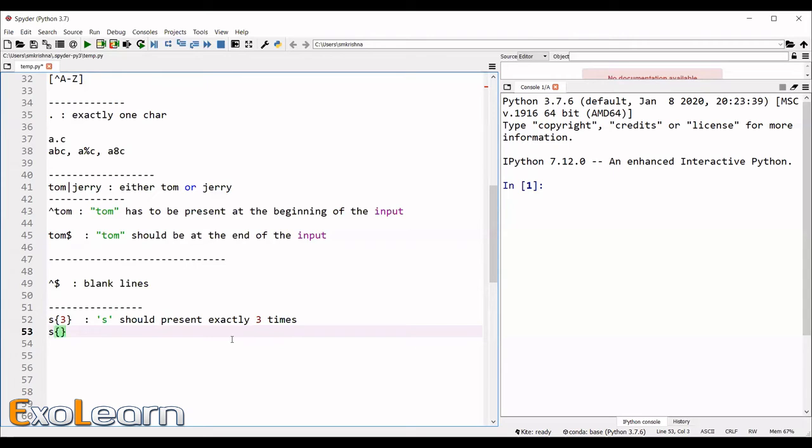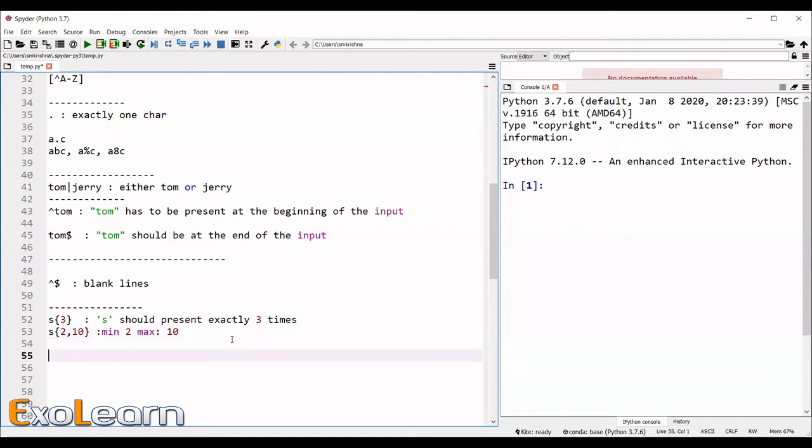Similarly, if I am saying 2 comma 10, it means minimum 2 occurrences of the previous character, which is S in our example, and maximum 10 occurrences, not less than 2 and not more than 10.